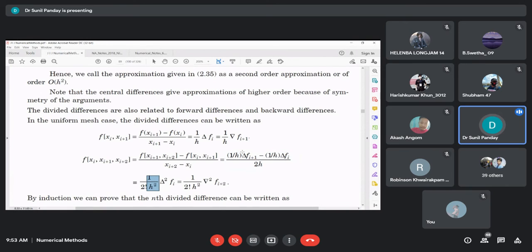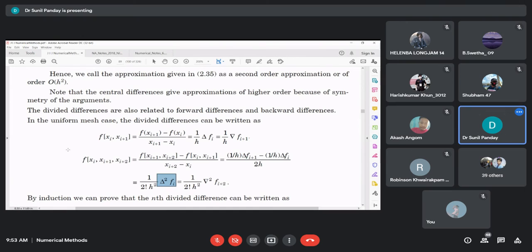In the numerator I have the first forward difference of f of xi plus h minus the first forward difference of f of xi, and I know that it is actually the second forward difference of f of xi. Or you can take this delta common outside: inside you have f of xi plus h minus f of xi, which is delta of f of xi, and one delta is outside, so it is delta 2 times of f of xi.